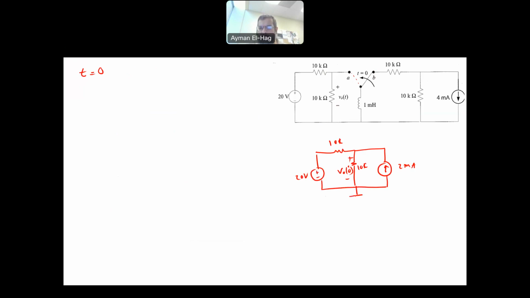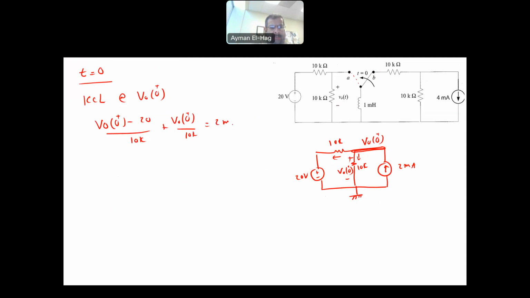I can use nodal analysis; it looks very nice to use. This is your V0 at 0 plus. Apply KCL at this node. Assume this current is leaving, this current is leaving, and this current is entering. So V0 at 0 plus minus 20 divided by 10 kilo, plus V0 at 0 plus divided by 10 kilo, equal to 2 milliamps.